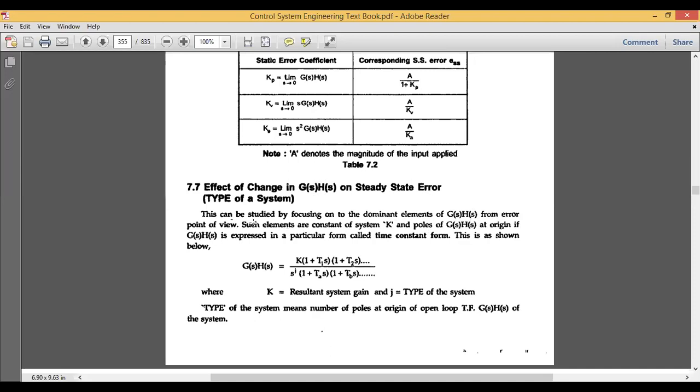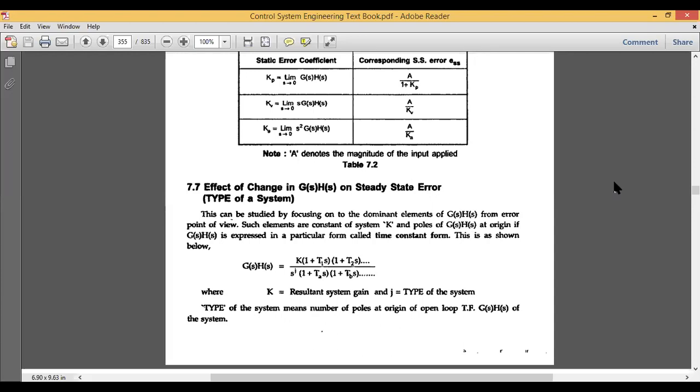For example, if you have a constant represented by K, and you have poles of G of S into H of S at the origin, because if you take any transfer function, the numerator represents my zeros and the denominator represents my poles.